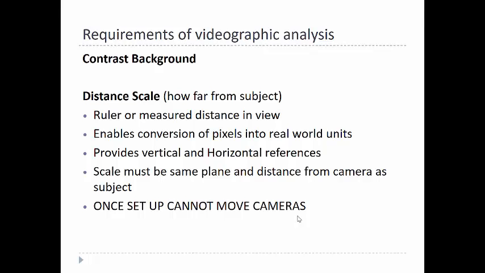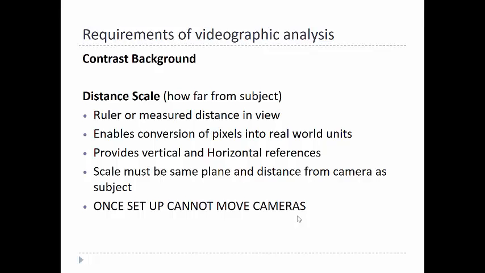The second and probably most important thing, if we intend on measuring anything from our video, is a distance scale or something that we can use to calibrate our video image. Usually we utilize a meter stick or a meter ruler that allows us to convert the pixels on our video image to real world units.